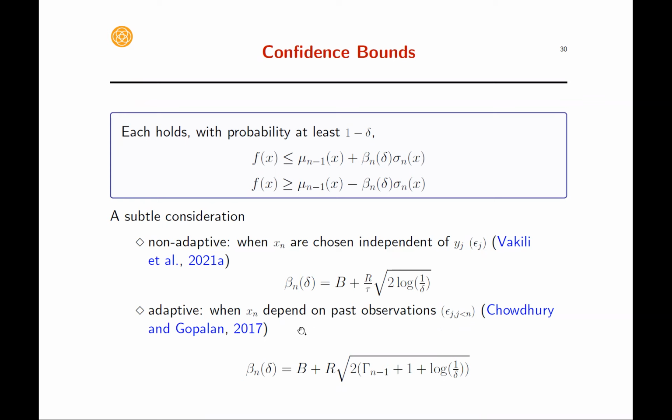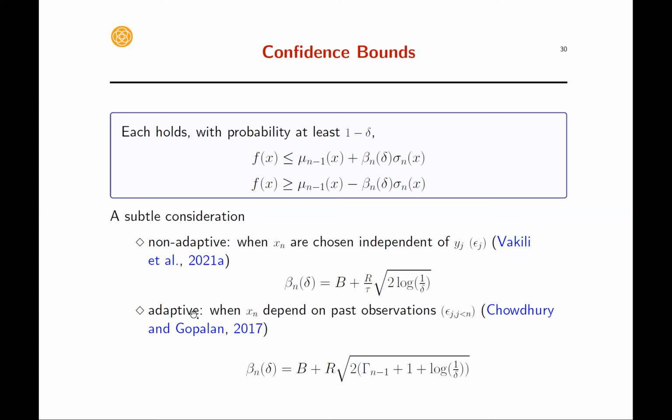Each new observation point depends on the past observations, which is the case in bandit and reinforcement learning problems. So there is a notion of adaptivity in the way that we collect observations. This is different from the classic regression problem, where we have a collection of data points and use them for regression. Here we are selecting the observation points adaptively to reach a certain objective, a certain goal.